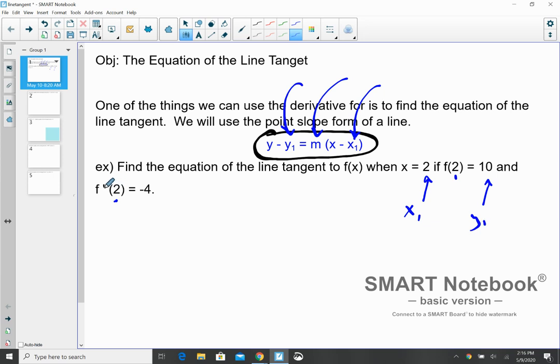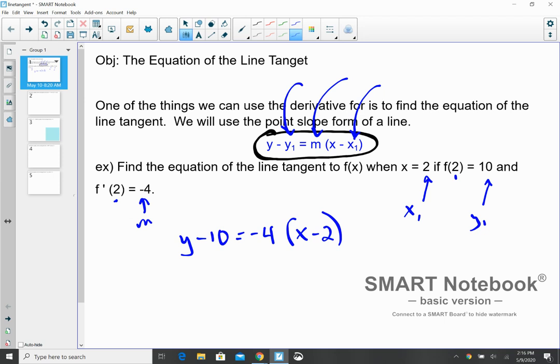And if they're telling you that f prime of 2 equals -4, they're telling you the slope. So f prime gives you the slope, f gives you the Y value. And then we're just going to plug in at that point. So you'll say y minus 10 equals -4 times (x minus 2). And that's all you need to do so far.